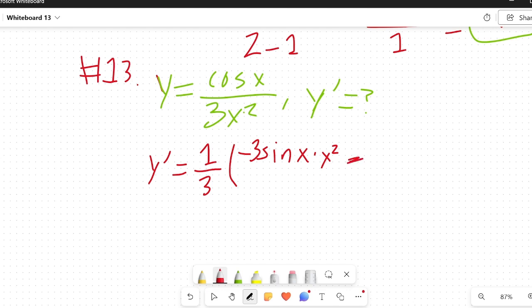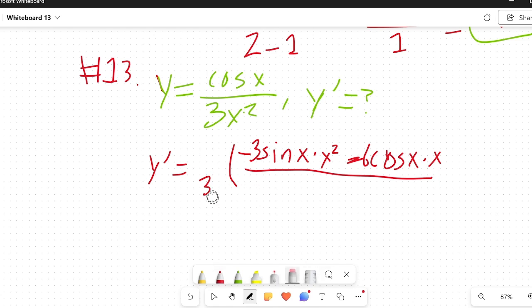Minus cosine of x multiplied by 6x, all over the denominator. Sorry, I don't know why I put this here.